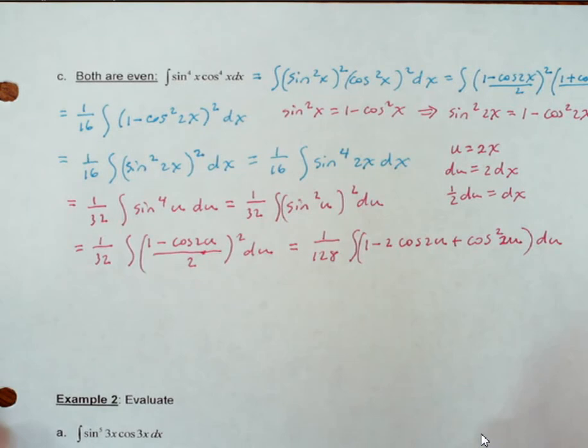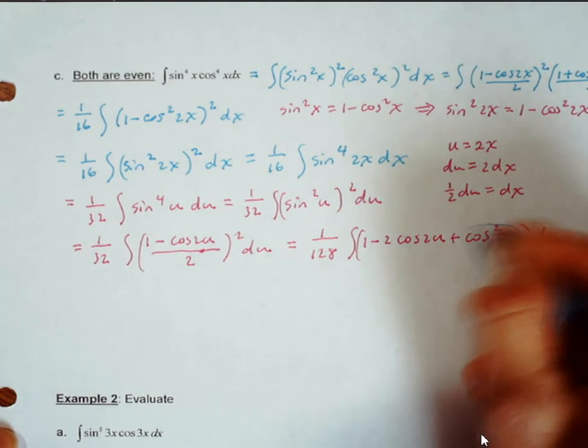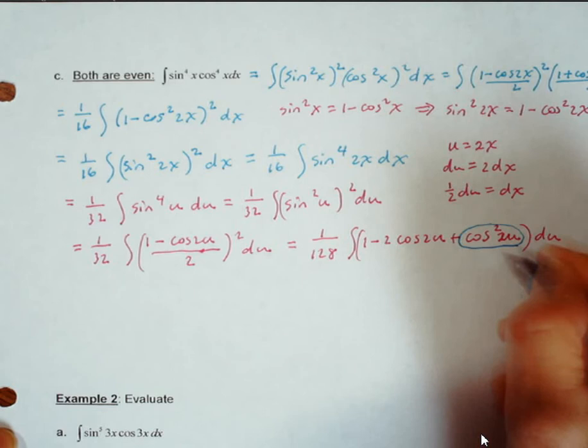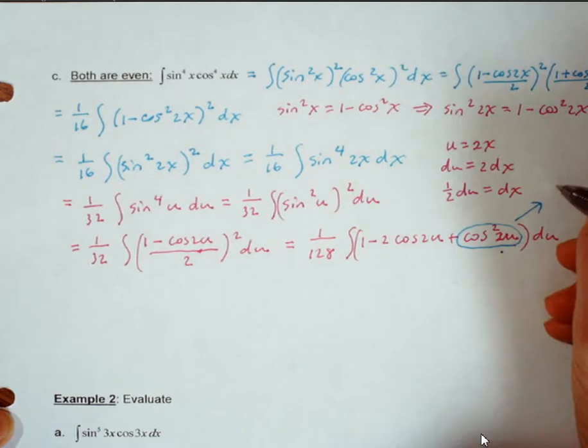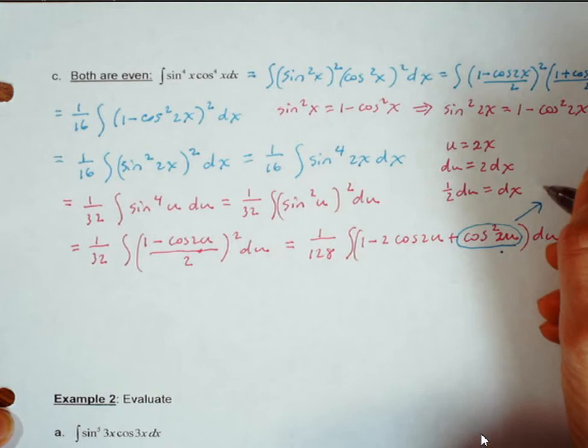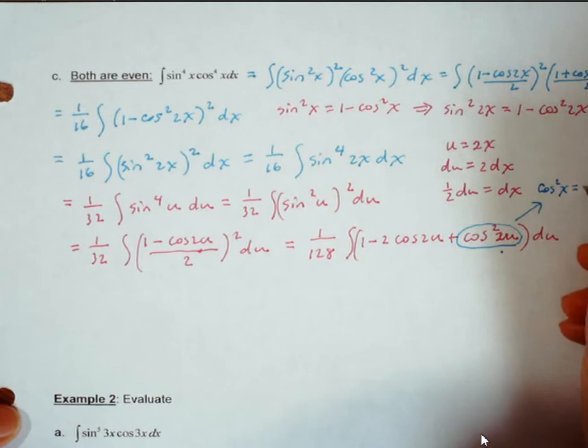Now this part right here, I can actually rewrite. I know that cosine squared of x equals, actually I'm sorry, 1 plus cosine 2x divided by 2.